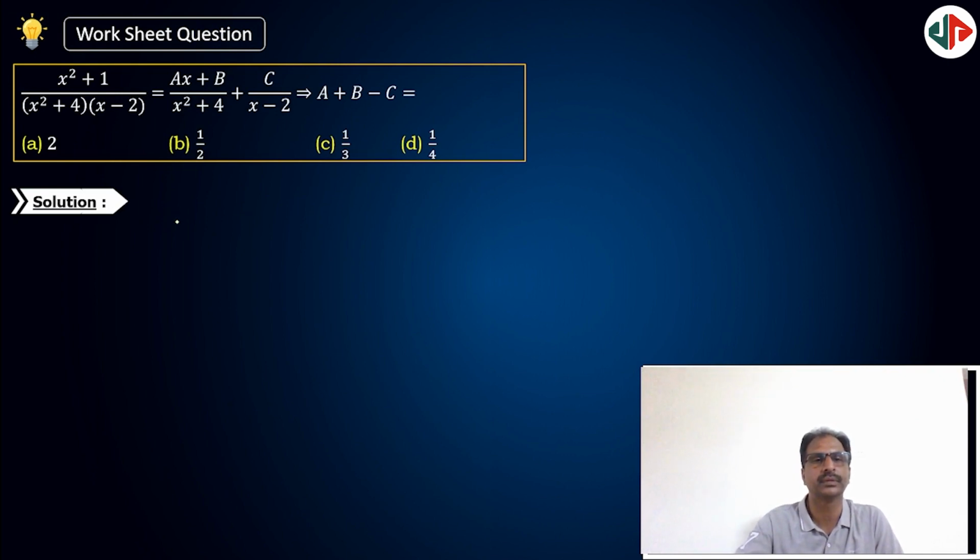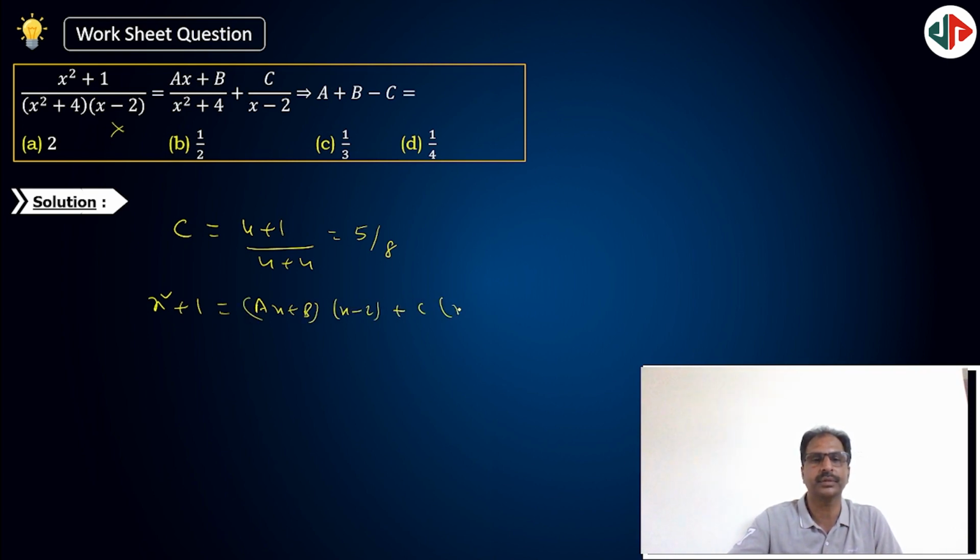Next. So c you can find directly by putting x is equal to, except here. c is 5 by 8. After taking LCM, the denominator gets cancelled on both sides. Then you get ax plus b into x minus 2, plus c into x square plus 4.